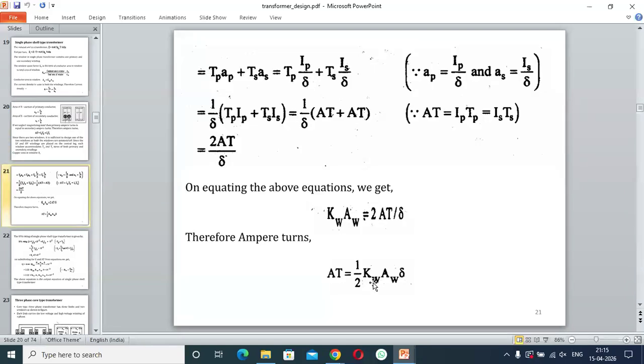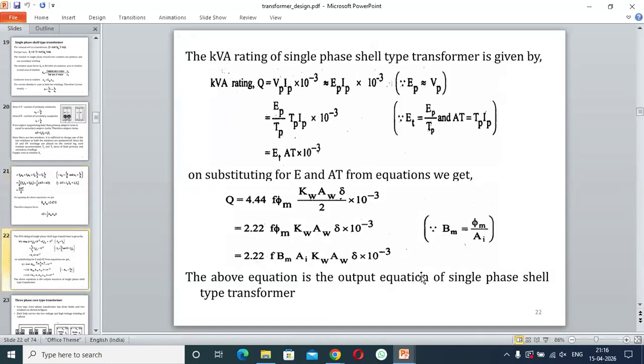So from that we are going to get 2AT divided by delta, and from here this AT will become 1 upon 2 KWAW delta. This is the amount of the ampere turns. अब हमको एम्पियर टर्न्स के बारे में पता चल गया कि एम्पियर टर्न्स हमारा कितना रहेगा, और ये आ रहा है 1/2 KWAW डेल्टा.